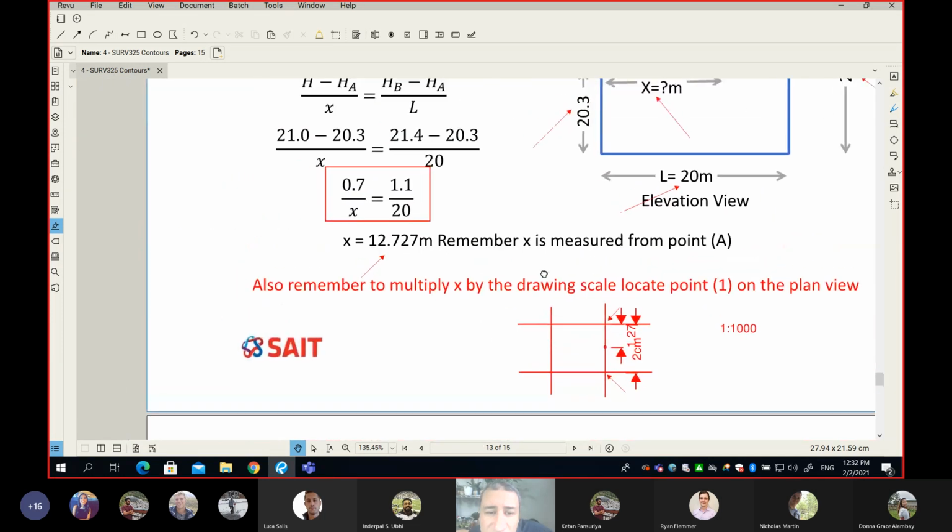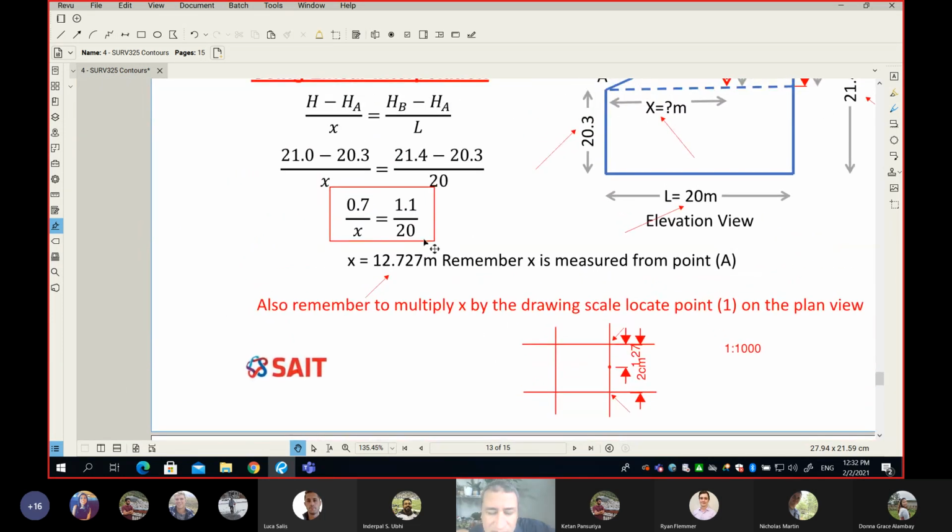I'll give you a trick that will save you some time. Guys, what if I come here and I cross this 20 meter and I write here 2 centimeter? Any help? Can I do that? I do the same math, but I replace the 20 meter by 2 centimeter, which is a great size after the scale.